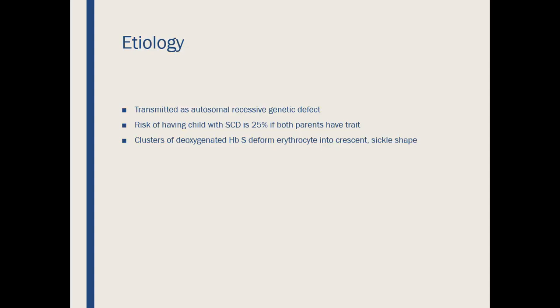There are clusters of deoxygenated hemoglobin S that deform the erythrocytes into crescent sickle shapes. When hypovolemia develops, the hemoglobin S is deoxygenated. It will crystallize into rod-like structures which tend to clump together. This obstructs blood flow, and it causes ischemia and possible infarction of the surrounding tissues.